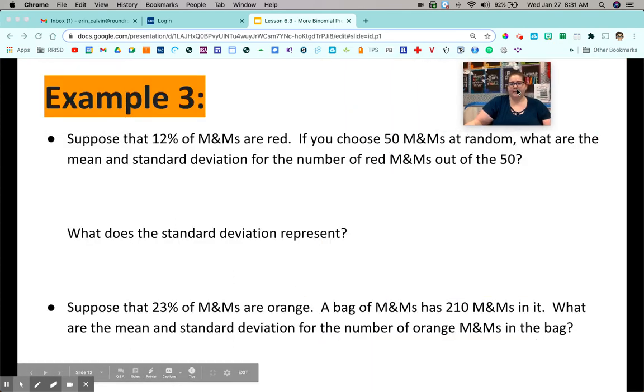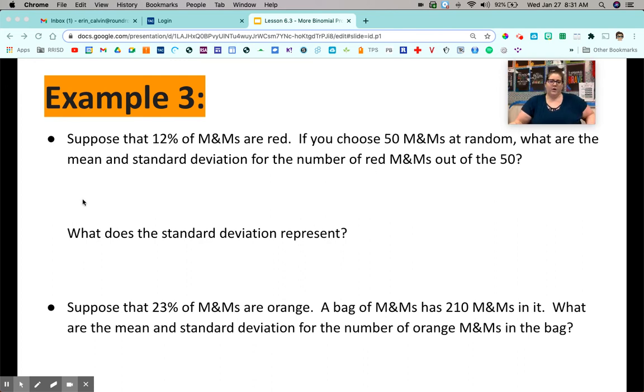So let's look at an example. We'll start with the M&Ms one because, apparently when I was writing these notes, I was thinking about M&Ms. So here you go. Suppose that 12% of M&Ms are red. We said that before. If we choose 50 M&Ms at random, what are the mean and standard deviation for the number of red M&Ms I would get out of the 50? So going back to my mean or expected value formula, mean is n times p, so 50 times 0.12, which is 6.